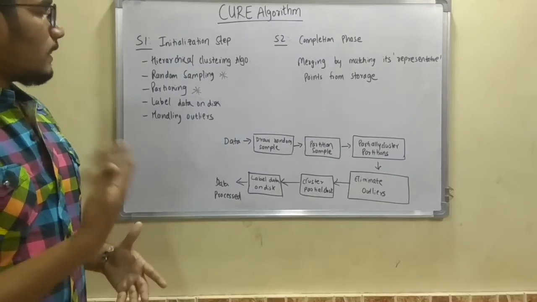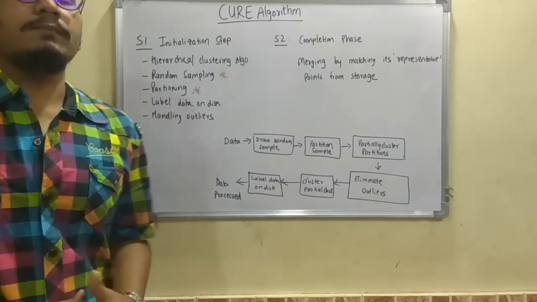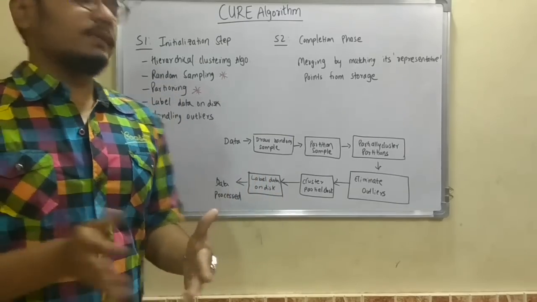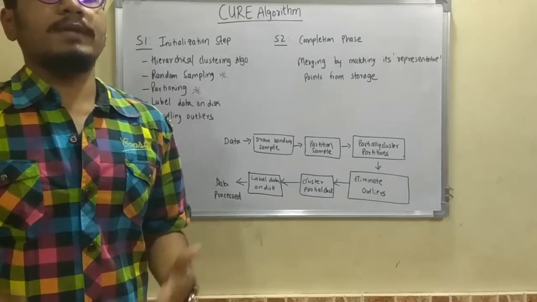Next we come to random sampling, the most important thing in the CURE algorithm. In a data stream, when we input samples, they can be of any random shape.